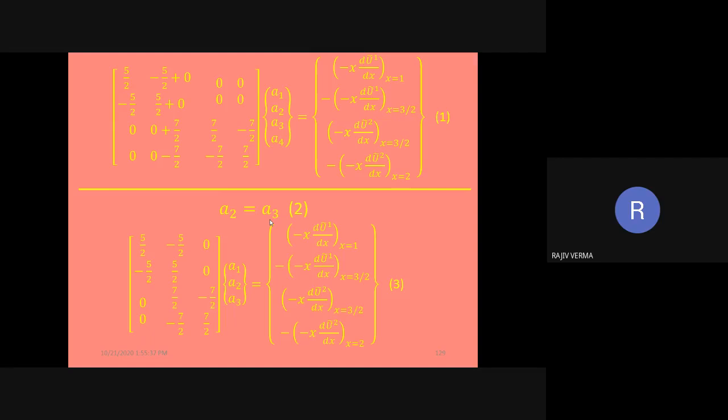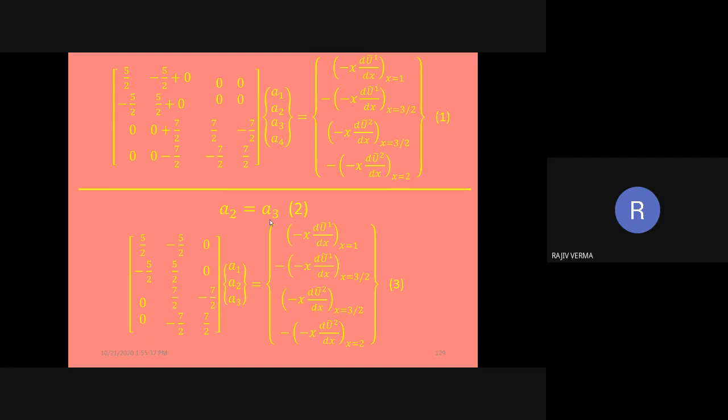So if we apply those mathematical steps which we have already discussed in the previous class to these 4 equations, we are going to have an equivalent matrix of size 3 by 3.